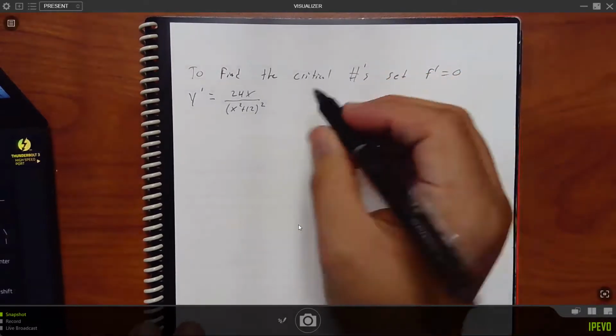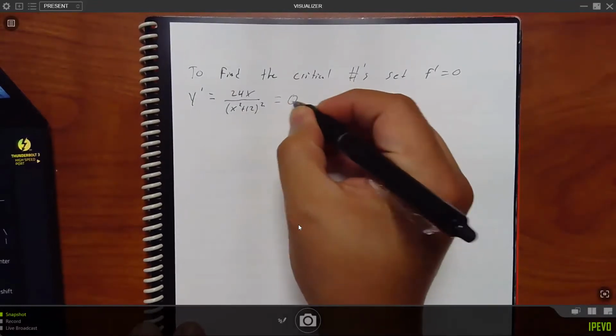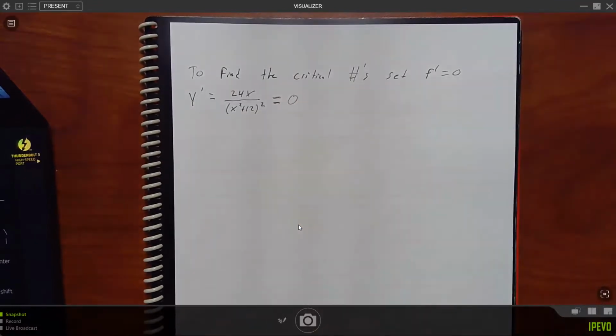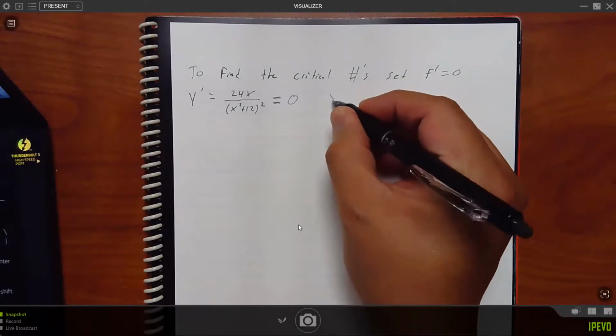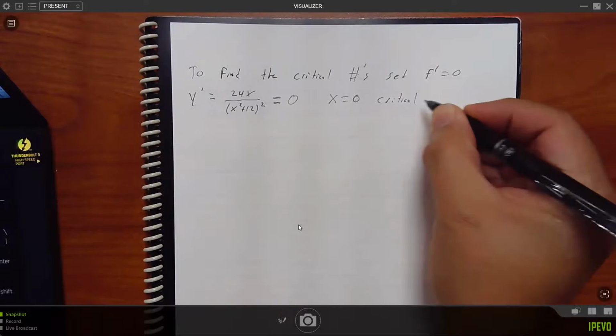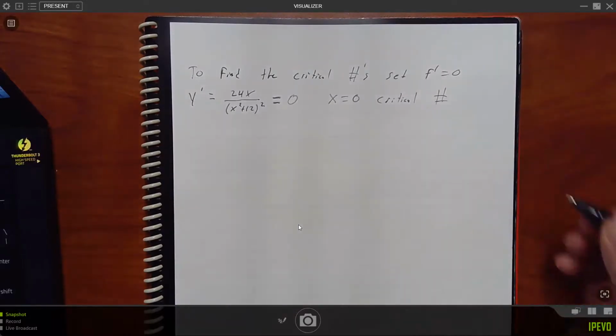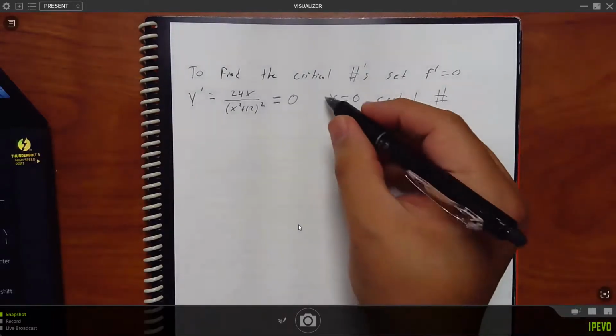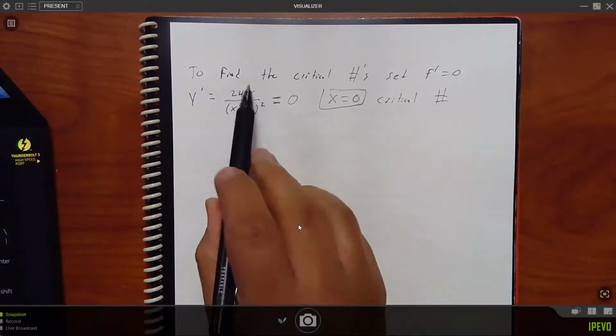Set it equal to 0. When is this equal to 0? Only one place. So we only have one critical number at x equal to 0. That's the only way this will be 0.